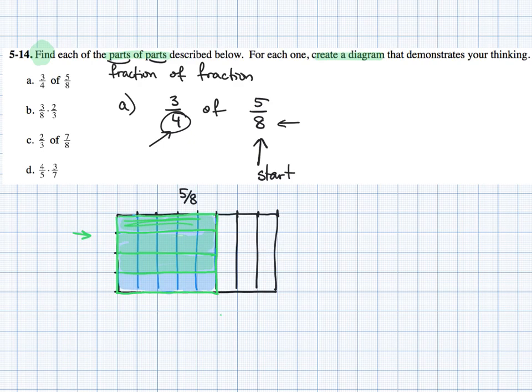So now that's the diagram, but what is the result? The result is what you see over here. I'm going to make it in red. So this is the result of the part of part, which looks smaller than either of the initial fractions. So how does that relate to the original?